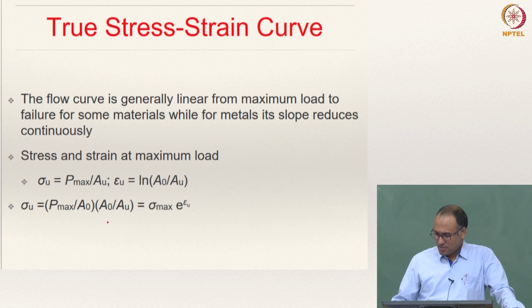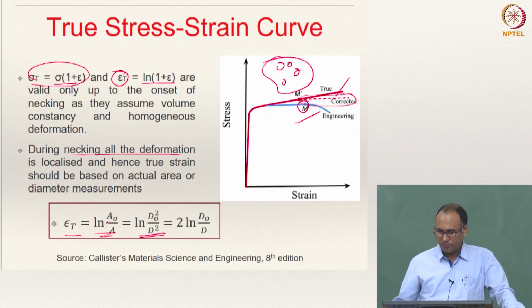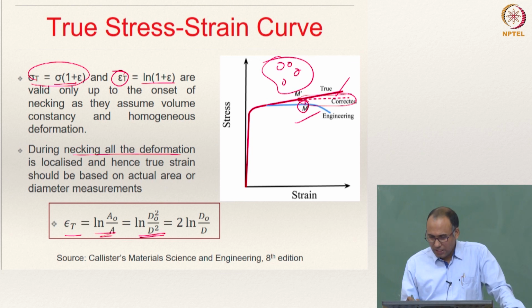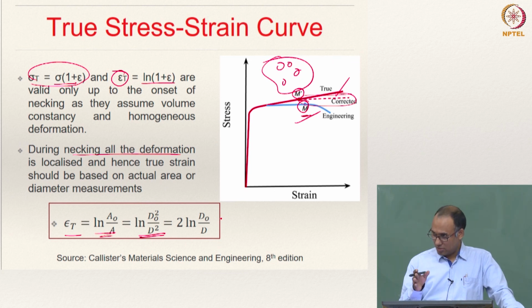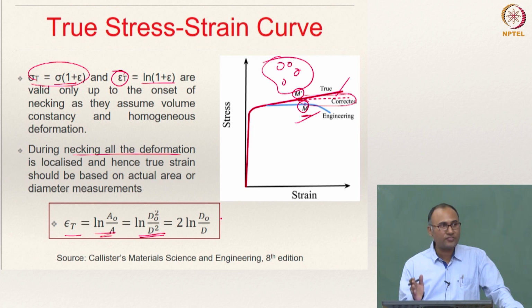Typically what happens is, as you have just seen in the true stress strain curve, the point corresponding to the ultimate strength point on the engineering stress strain curve is M, and on the true stress strain curve it is M dash. Typically the true stress strain curve will always be to the left of the engineering stress strain curve.